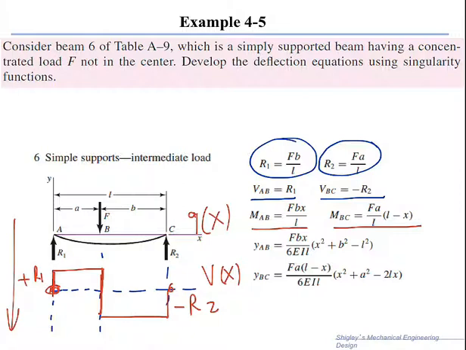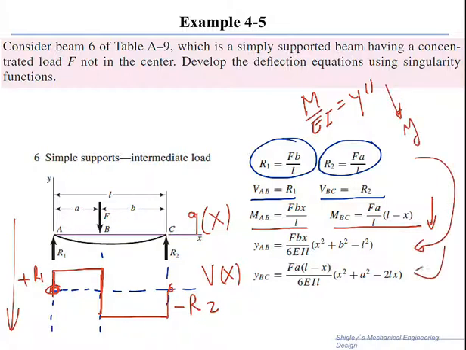And we could do direct integration, since we know that M over EI is equal to Y double prime, and then we integrate to obtain Y, and this integration gives us two functions, one function between A and B and one function between B and C. So this is kind of the combined graphical integration method.